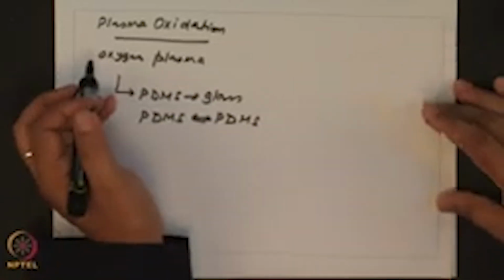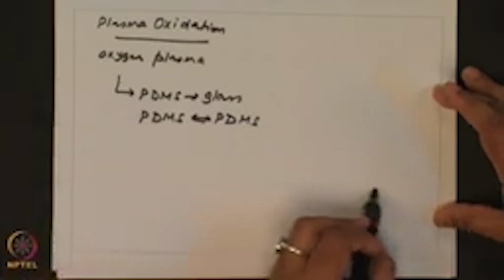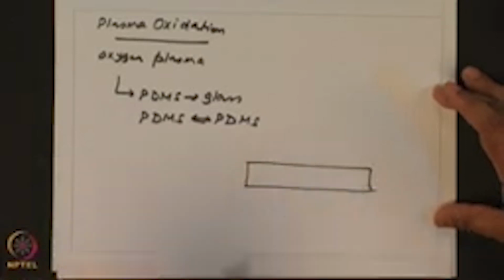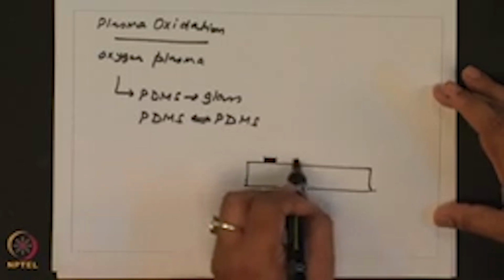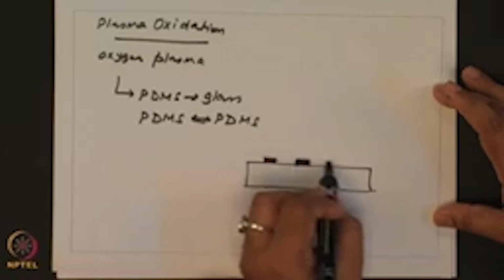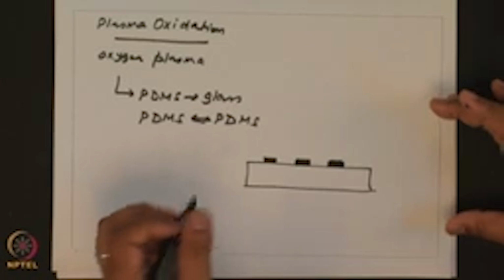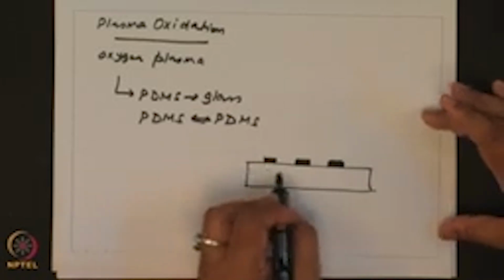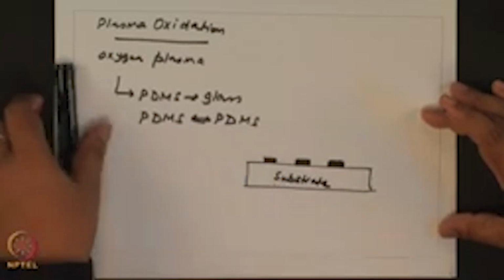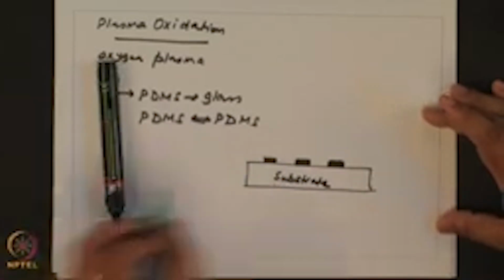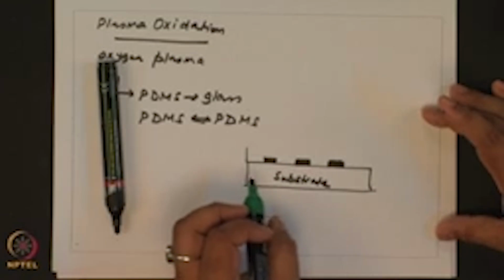So, how do we go about making a PDMS material? You begin with the same thing: using lithography, what you have achieved is you have transferred a given topography of your photoresist on the substrate. So, this is your photoresist. You first dump PDMS on top of this.